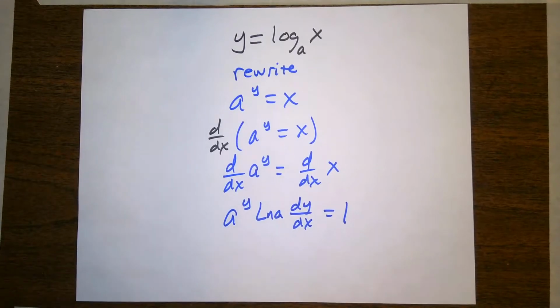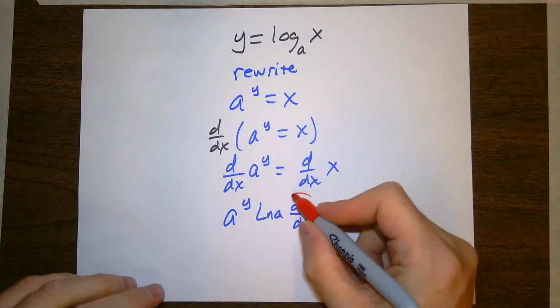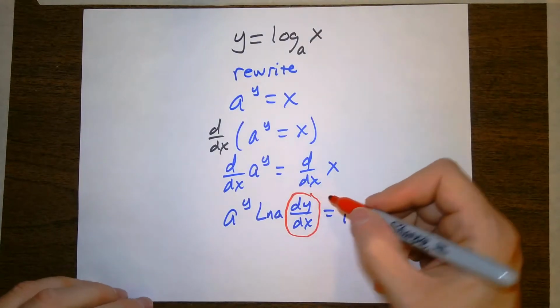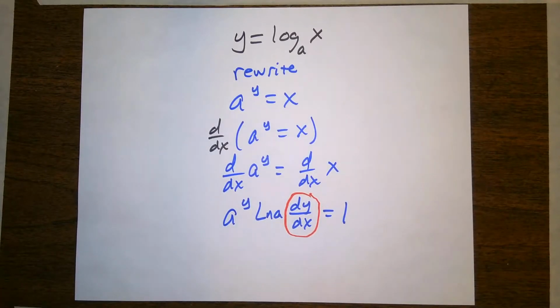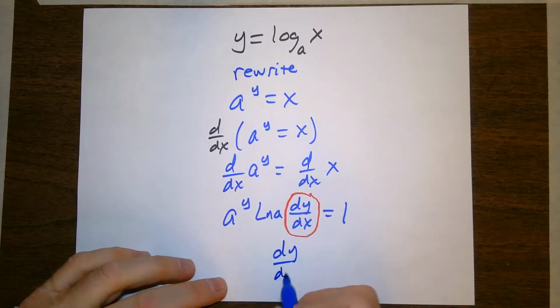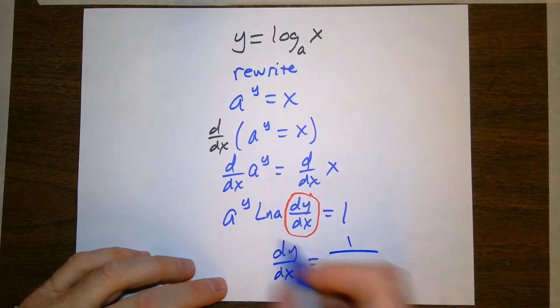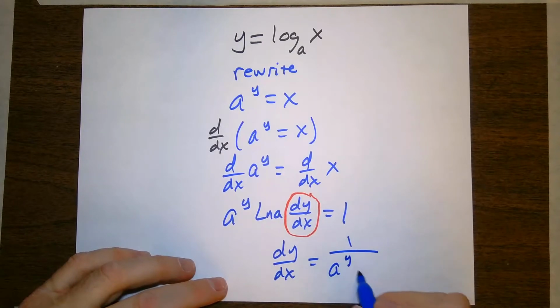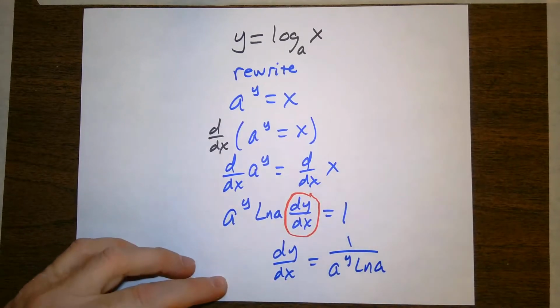Now, here's the derivative. This is what I need, dy/dx, my y prime. I want to solve for that. So divide both sides by a to the y times the natural log of a, and I get dy/dx is 1 over a to the y natural log of a.